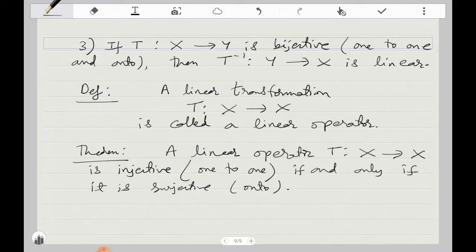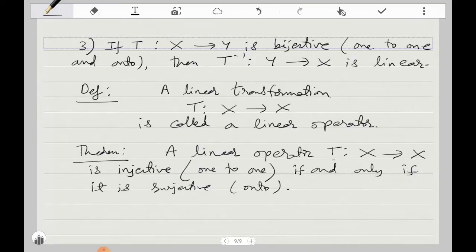So the point is that when we have a linear operator, what it's saying is that if it's injective, it's automatically surjective, therefore it will be bijective.